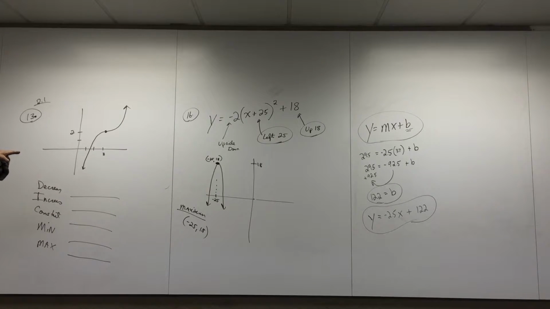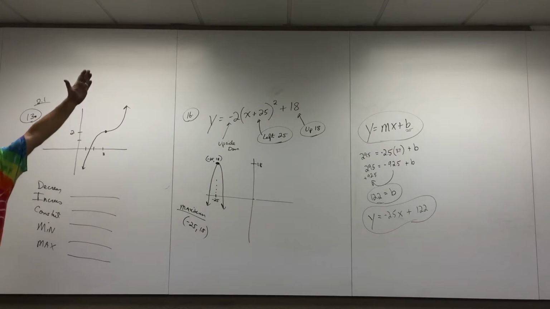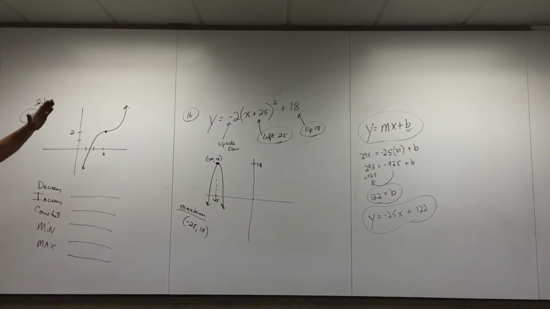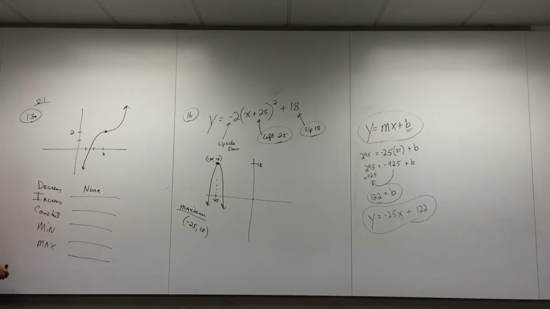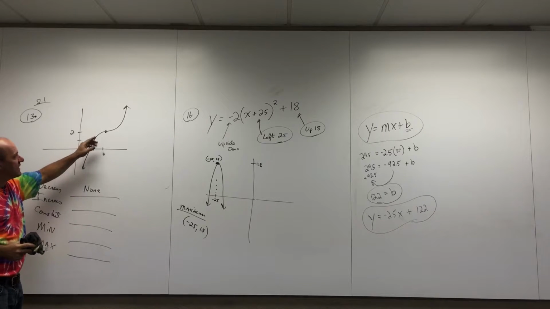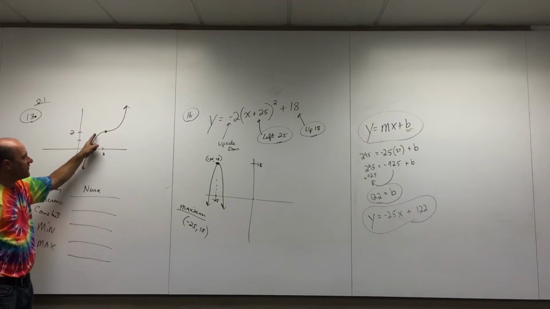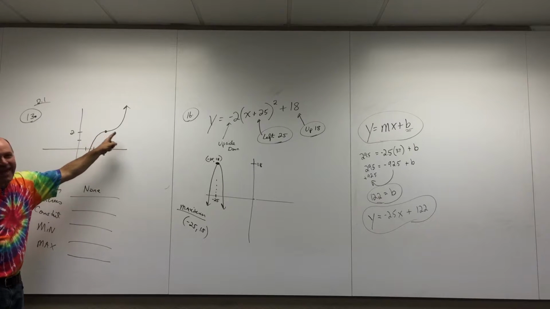Again, reading left to right helps us decide about increasing and decreasing. Reading left to right, I would say this function is increasing. So when's it decreasing? Never, or none. I think I told you to put none or never. All right, so when is it increasing? The whole time. It looks like it flattened out there, but it didn't flatten out long enough to call that constant.